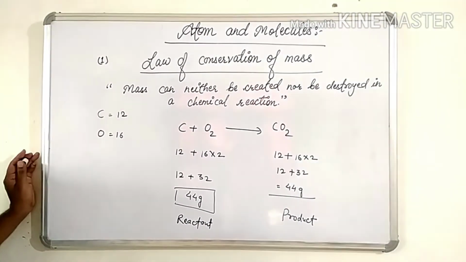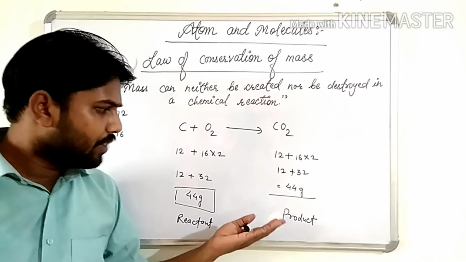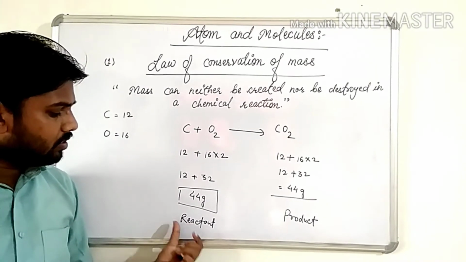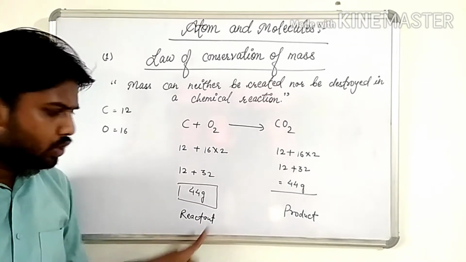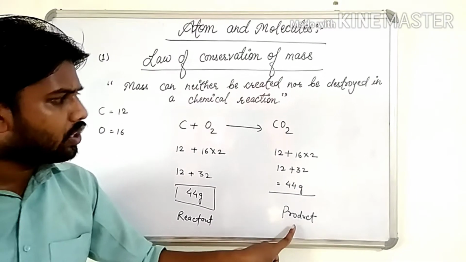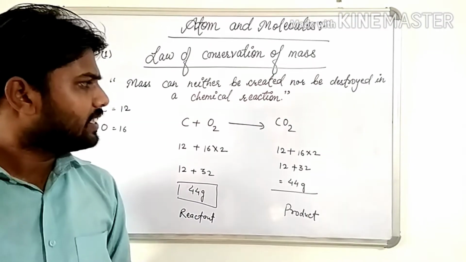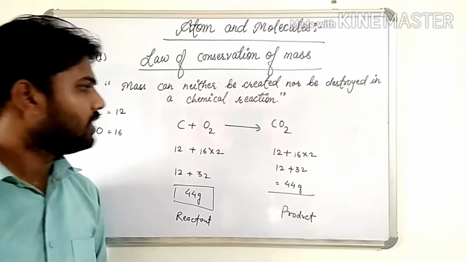So children, another way we can say this law is that during a chemical reaction, the total mass of reactants should be equal to the total mass of products. Let's take another example to understand more clearly.